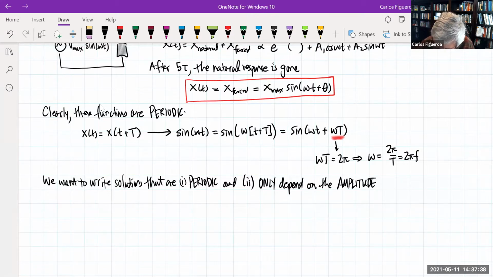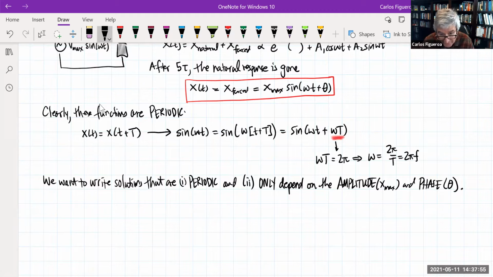The amplitude in this case, I'll just call it x max, and the phase is theta here. So we want to write solutions that are periodic.